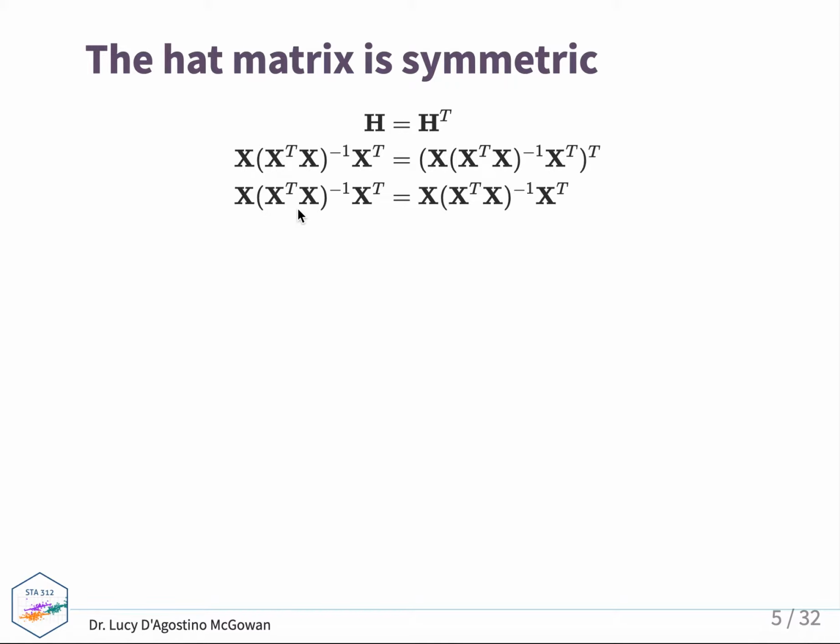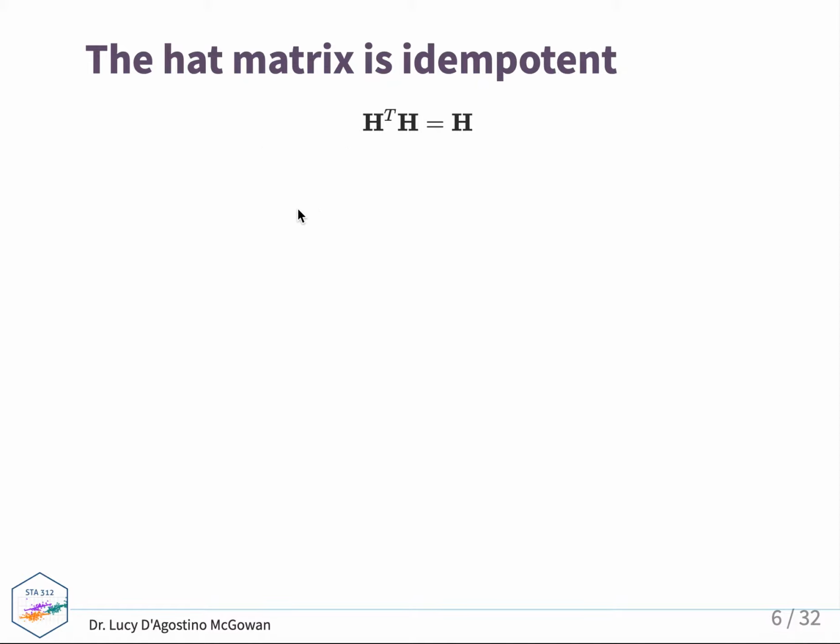So that's good. Now we need to show that it's idempotent. That means that if we multiply the hat matrix by itself, we get the hat matrix back. And because we know that the hat matrix is symmetric, this is the same as saying the hat matrix times the hat matrix is equal to the hat matrix, because the hat matrix transpose we just showed is the same as the hat matrix itself.